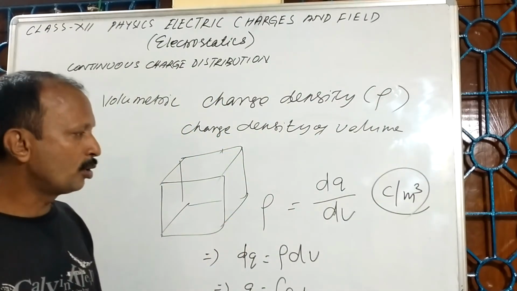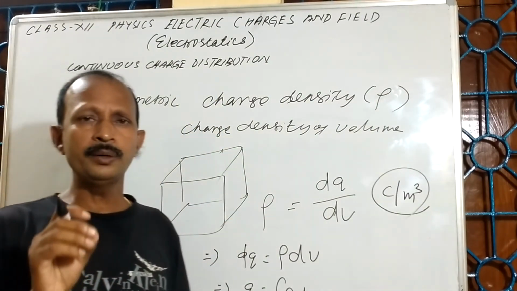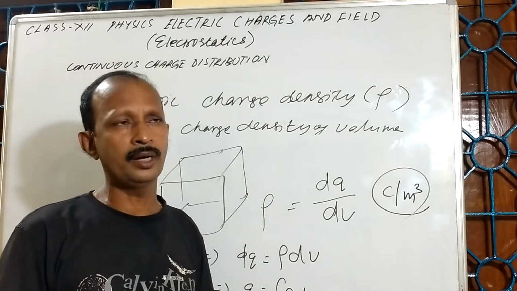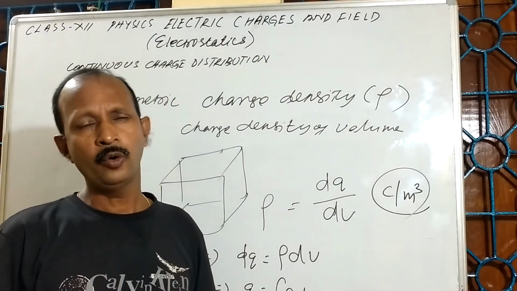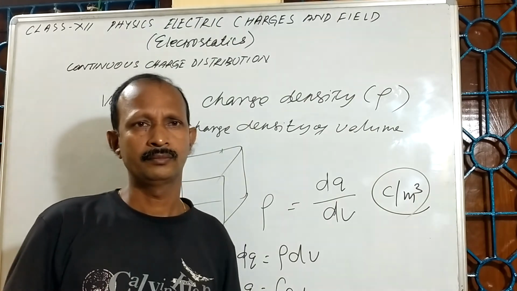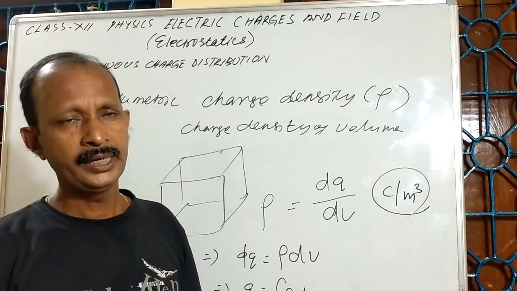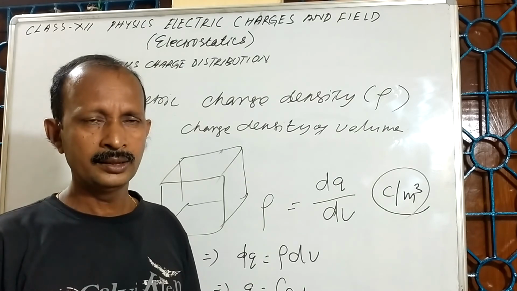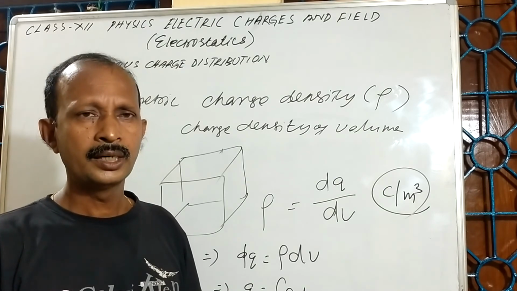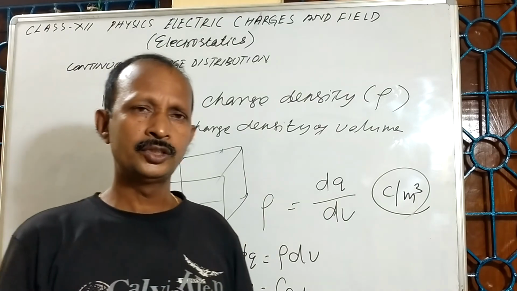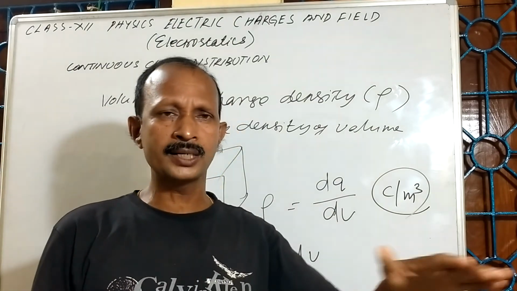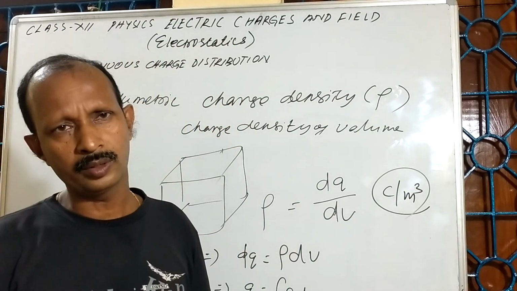So this is about the continuous charge distribution. I said that when extremely large charges are present, we feel these are distributed just like a number of cars standing on the road.